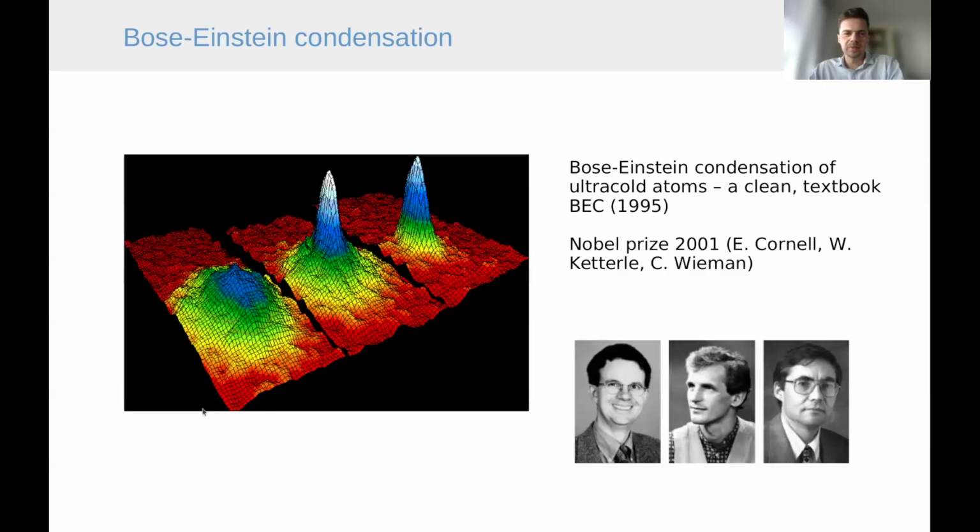This sparked a lot of interest and a lot of work, both theoretical and experimental, on BEC that is continuing up to now, because these systems are very nice for investigations of this phenomenon in very clean conditions.